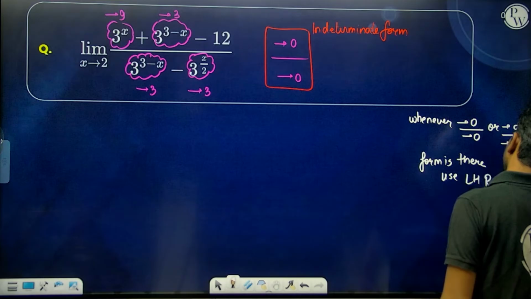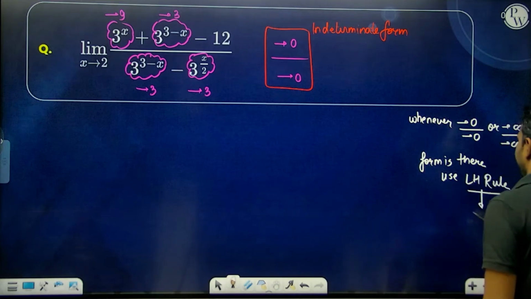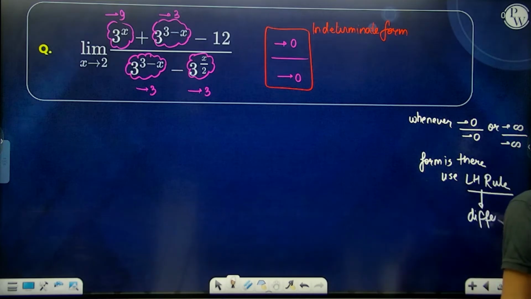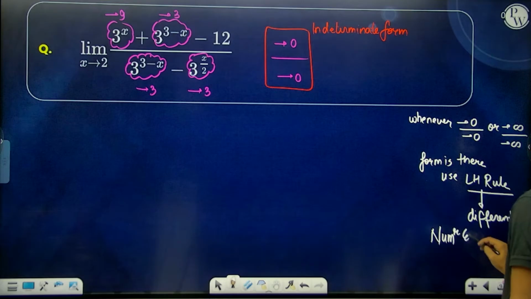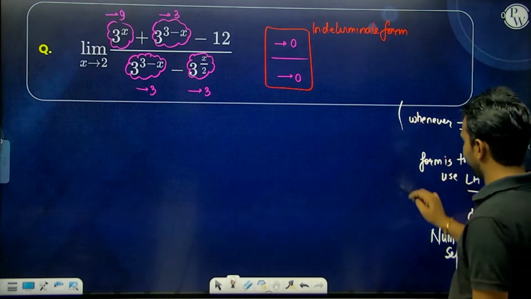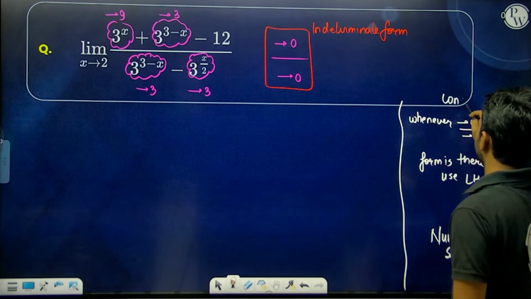The LH rule is: differentiate numerator and denominator separately. So this is the concept.